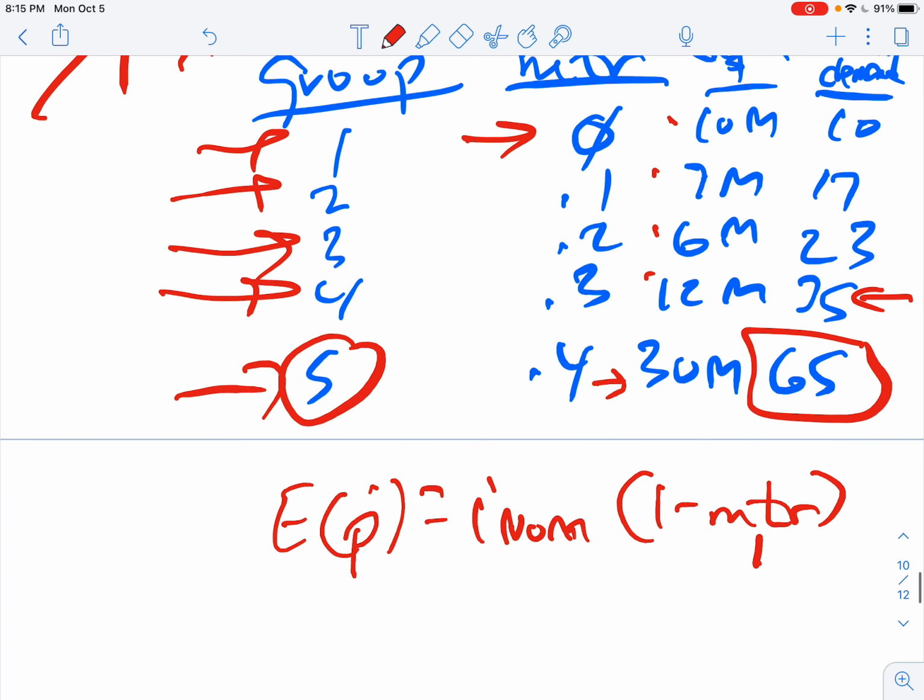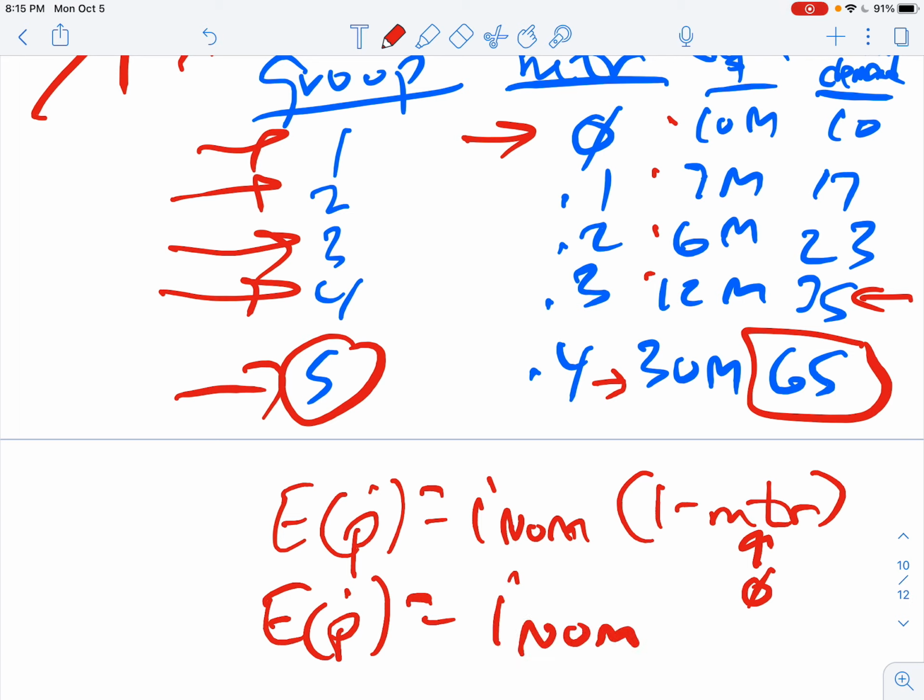If the marginal tax rate is 0, that means expected inflation will just equal the nominal interest rate. So if a group has a marginal tax rate of 0, it's probably a pension fund, and it's going to be able to maintain purchasing power just by submitting a yield bid that's equal to the expected inflation.